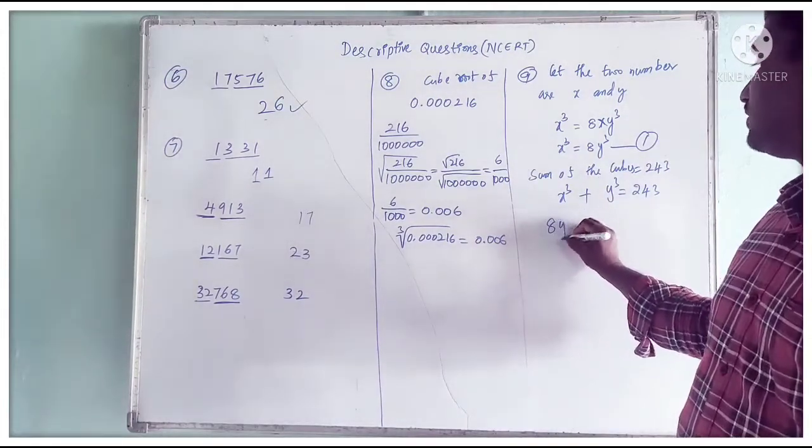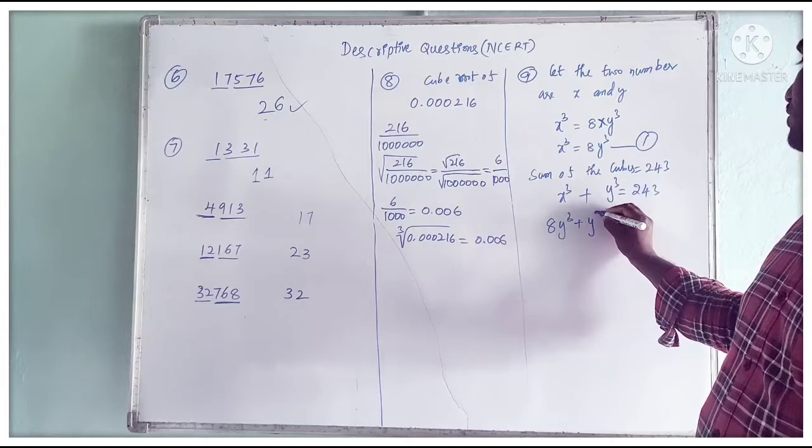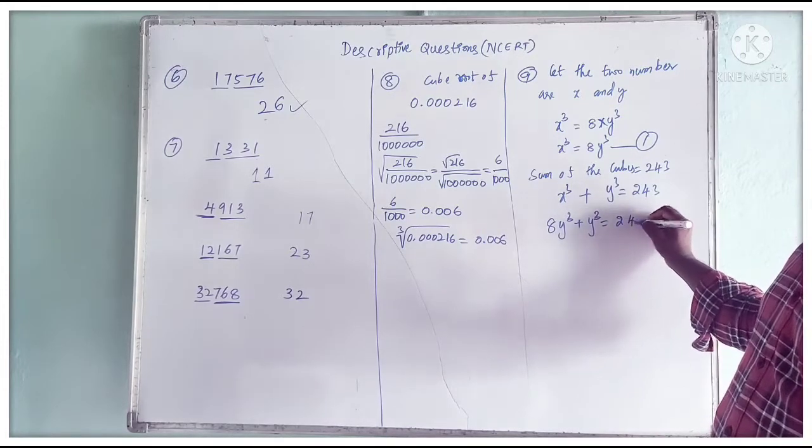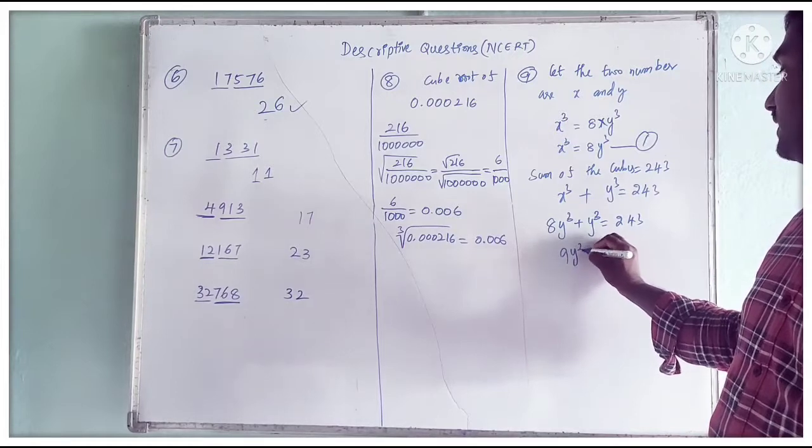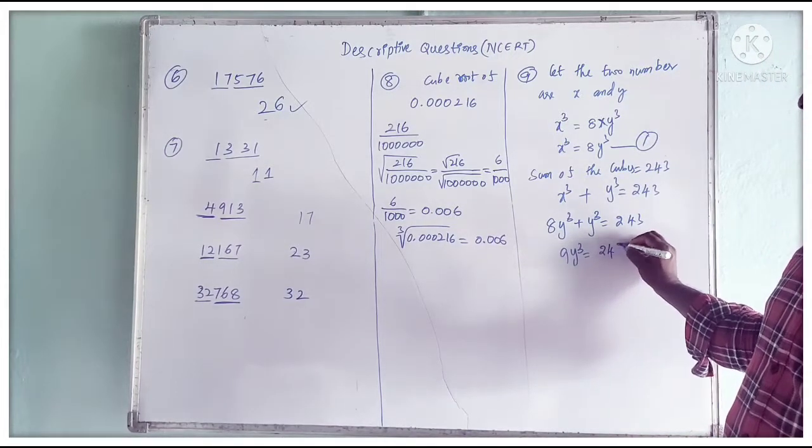So 8y cube plus y cube equals 243, that is 9y cube equals 243.